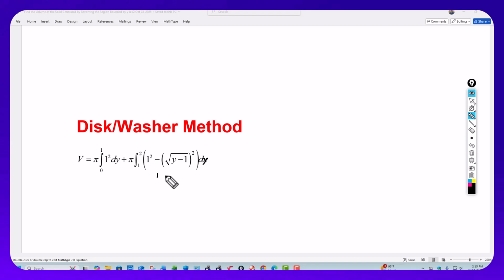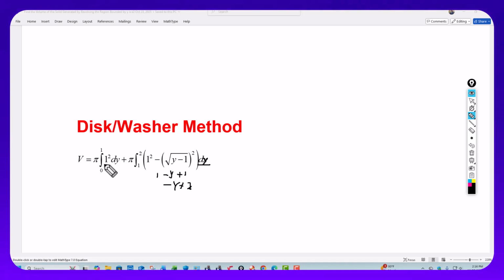You square this, and then you minus, so it's going to be a minus y, then minus minus will give us a plus 1. So it comes out to minus 1 plus 2. And then the integration is with respect to y, evaluated from 1 to 2. This one, of course, is just going to be y, evaluated at 1 and 0.